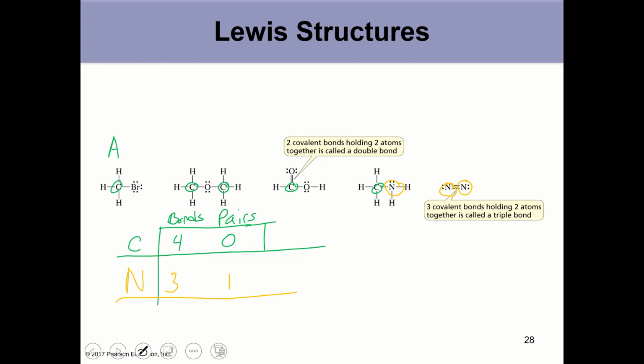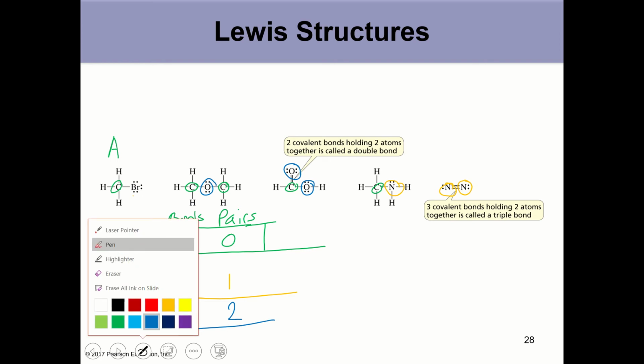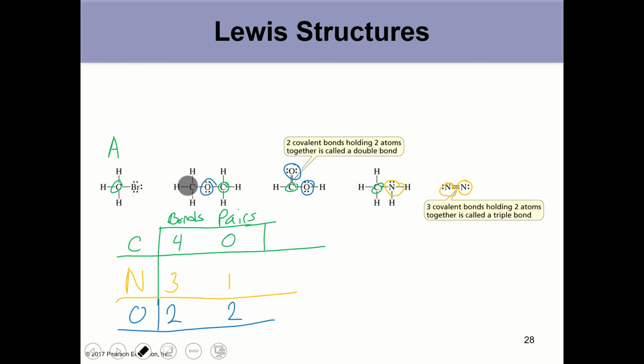Then we can look at oxygen. Oxygen we would expect to have 2 bonds and 2 pairs. So is that what we see? I'm going to erase some of this.